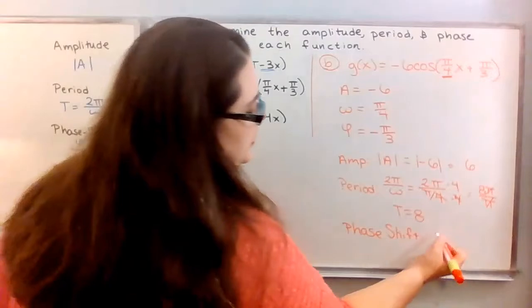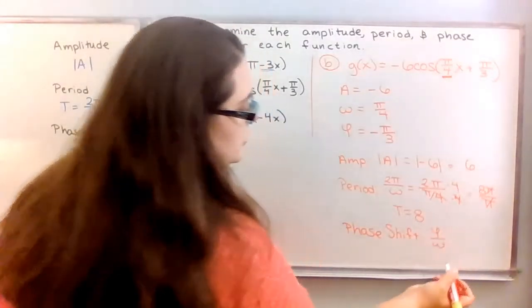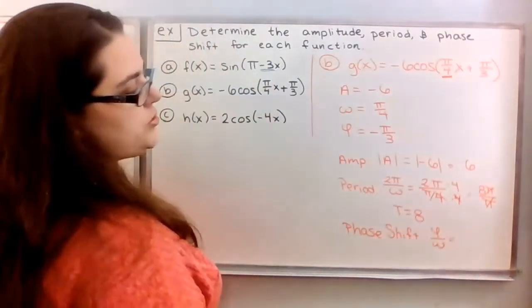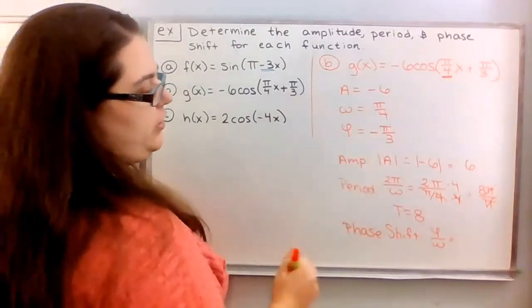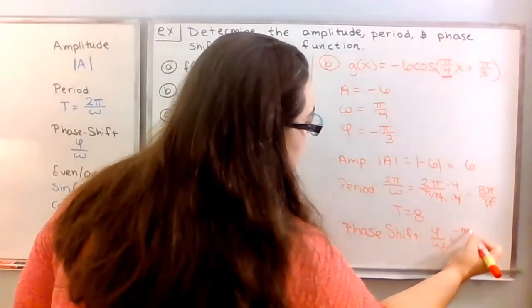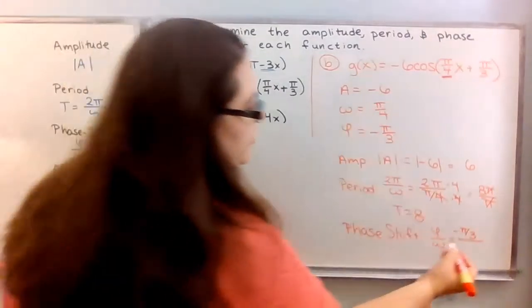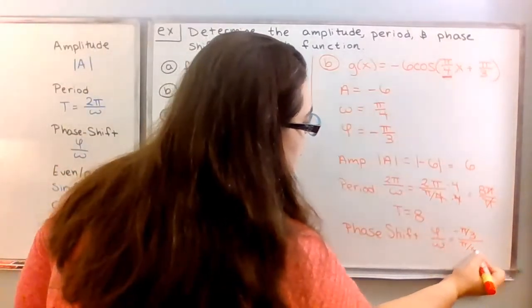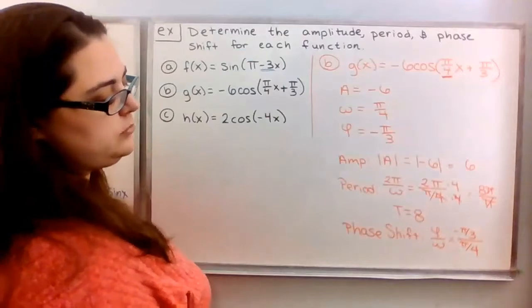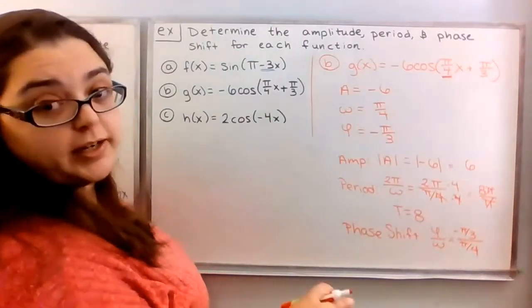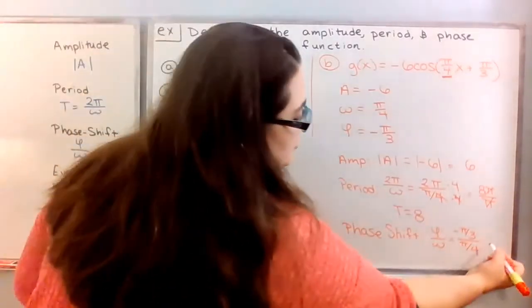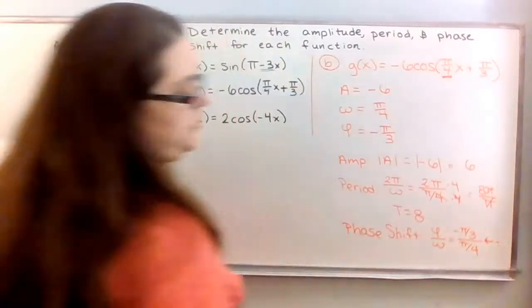So our phase shift is phi over omega. So phi is negative pi over 3, and omega was pi over 4. Okay, I'm going to need more space in the tiny corner over here. So I'm going to rewrite this using division.